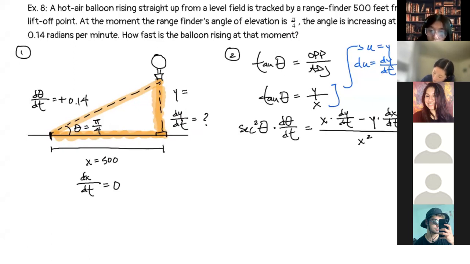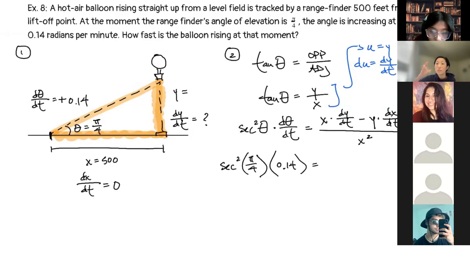So I'm going to substitute in values. Secant squared of pi over 4. d theta dt is 0.14. Secant squared is the derivative of tangent. Right, so we're taking a derivative on both sides. Yep, exactly.